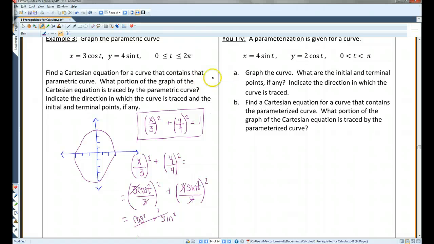Alright, what portion of the graph of the Cartesian equation is traced by the parametric curve? It's from 0 to 2 pi, so it goes all the way around. Indicate the direction. Well, it goes counterclockwise. Initial and terminal points. Here's the initial point. This is also the terminal point.